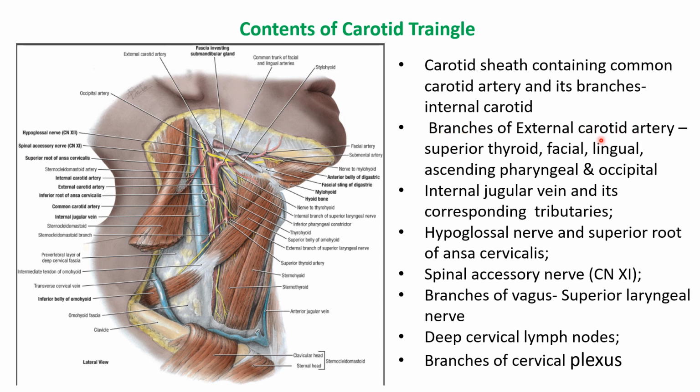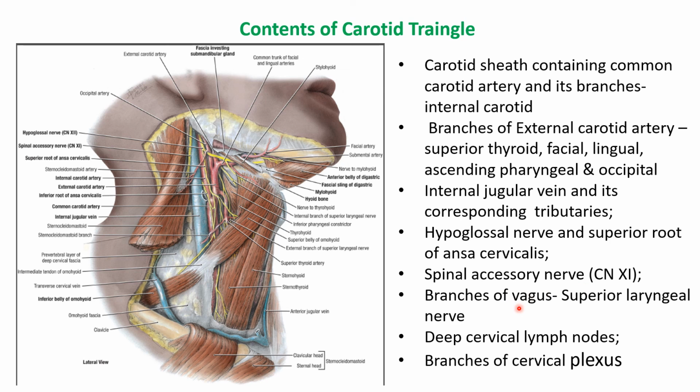Then the branches of the external carotid artery, that is the superior thyroid, facial, lingual, ascending pharyngeal, and occipital, are present in the carotid triangle. We just saw the internal jugular vein with its corresponding tributaries, the hypoglossal nerve and the superior root of ansa cervicalis. Some part of the spinal accessory nerve may peep into it.